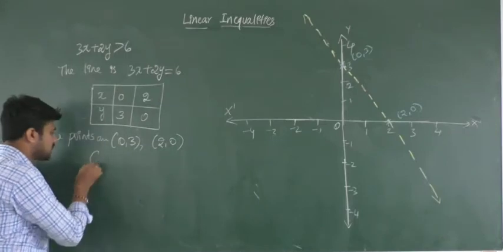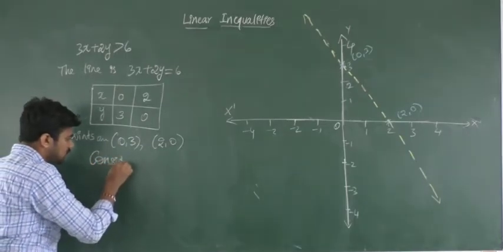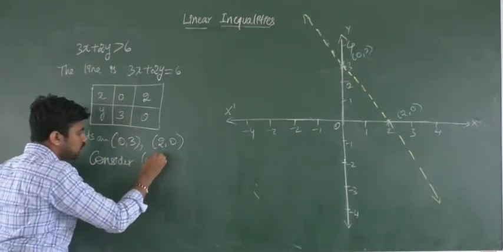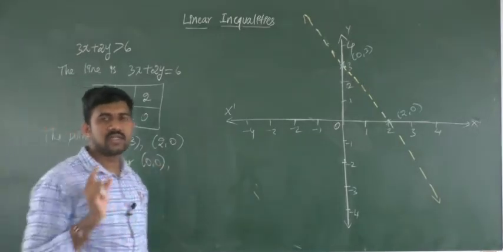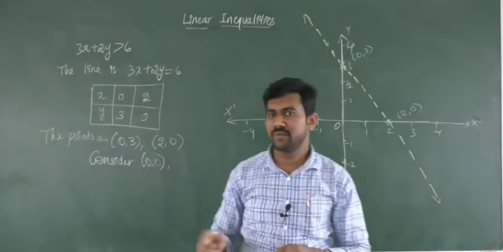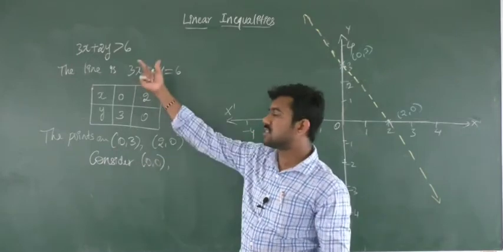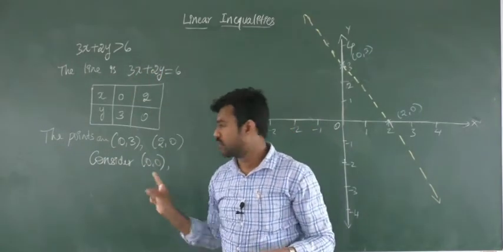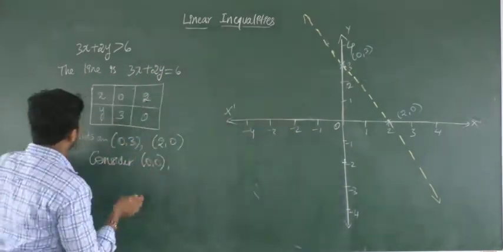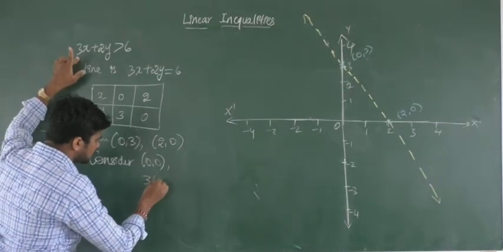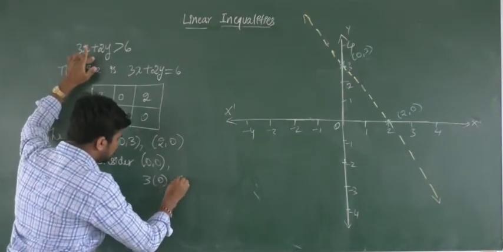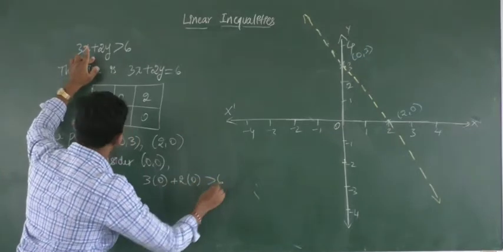So I can consider the origin and substitute the coordinates of the origin in the given inequation to check whether this point lies in the solution region or not. Substituting, we'll get 3 into 0 plus 2 into 0 greater than 6.